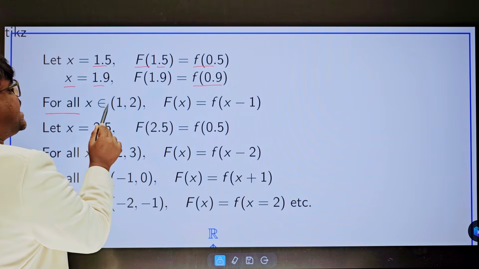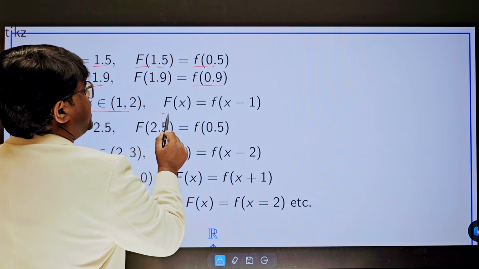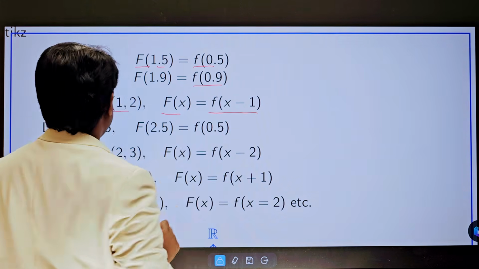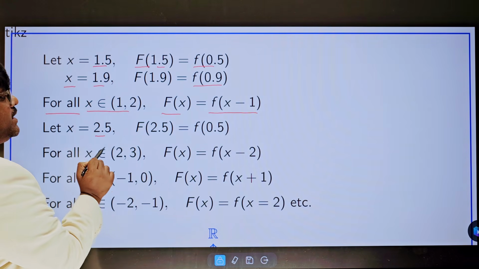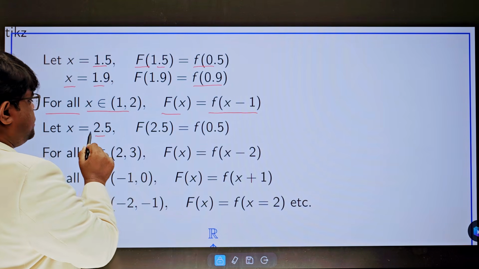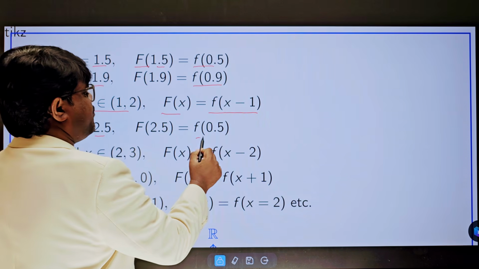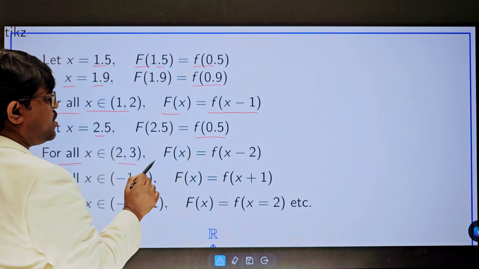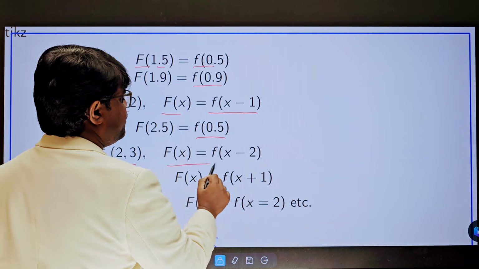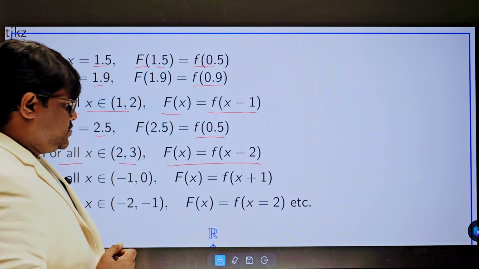So for all x belonging to the open interval (1, 2), capital F of x equals f of x minus 1. Let x equal to 2.5, put in equation 1, F of 2.5 equals small f of 0.5. For all x in the open interval (2, 3), we get F of x equal to f of x minus 2. Similarly for other values.